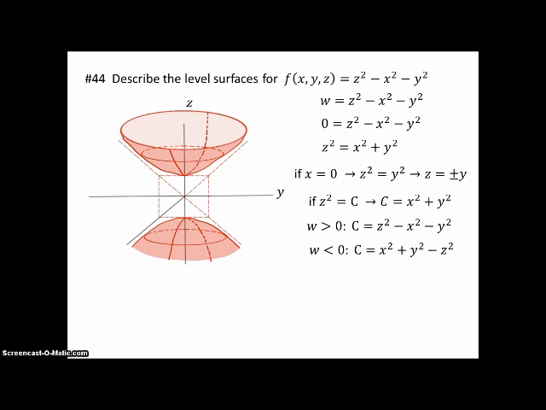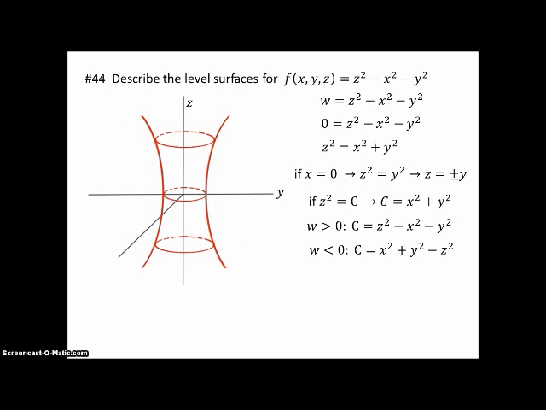And if w is less than 0, then we would multiply through by -1 and get a positive value equal to x squared plus y squared minus z squared. And again, if you look at your reference sheet, this is a hyperboloid of 1 sheet on the z-axis, where the circle on the xy plane would have a radius of square root of c.